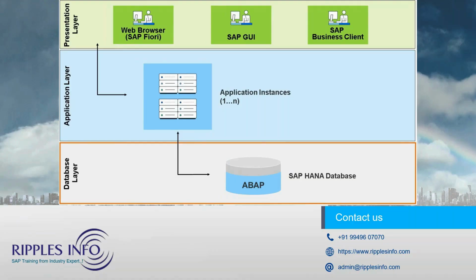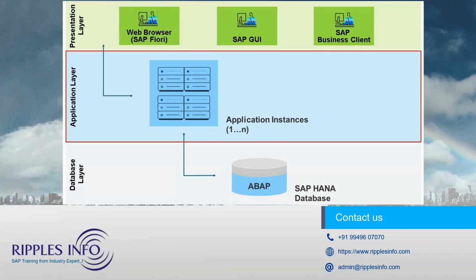That's the flexibility they offered, and we also discussed the advantage of developing an application on the HANA database in the previous video. This database layer can run on one or multiple hosts. They have the flexibility to set up single-host or multi-host environments depending on the customer requirements.